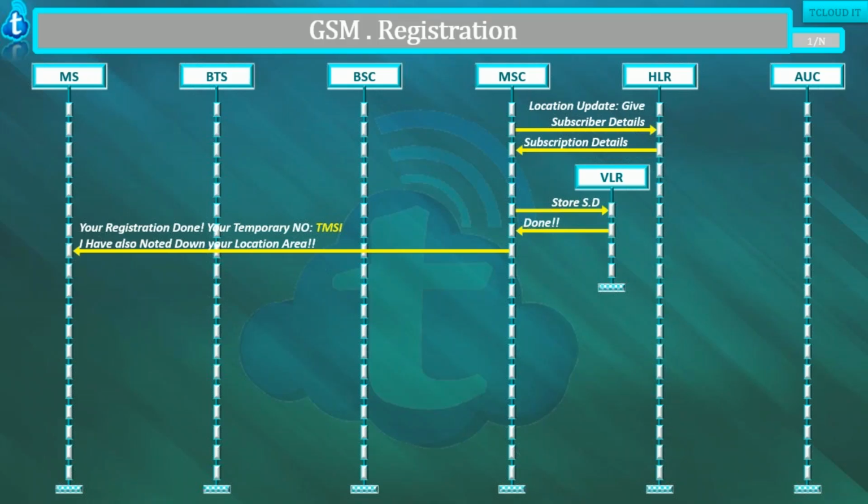Because I am allocating you this TIMSI number when there is a secure channel with you. I am damn sure that nobody is reading this TIMSI number that I am allocating to you because I am sending it when the channel is encrypted, when the channel is operating in secured mode.